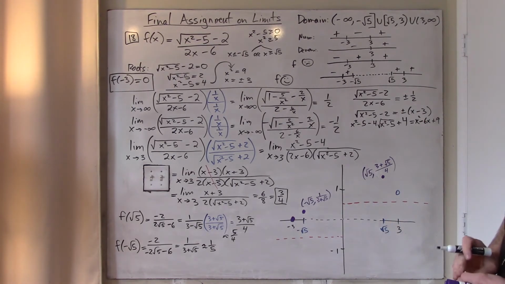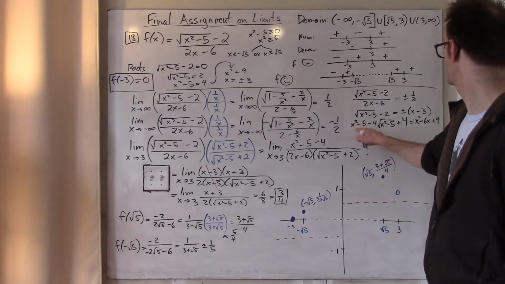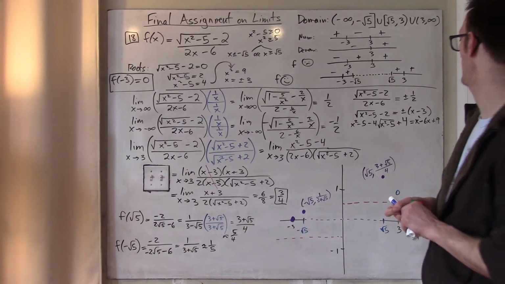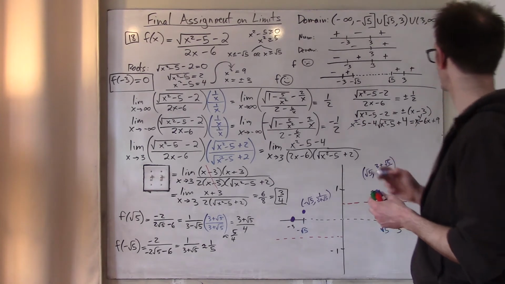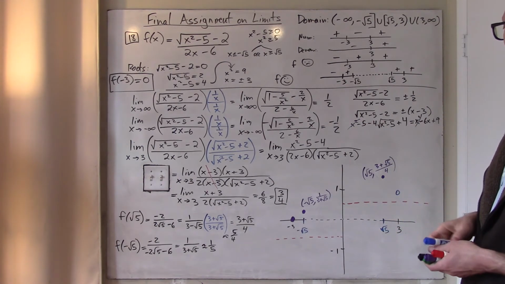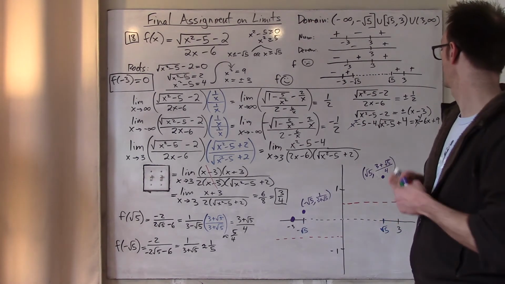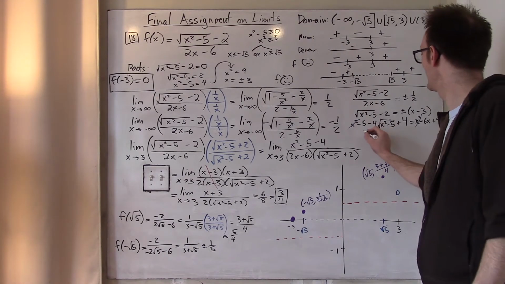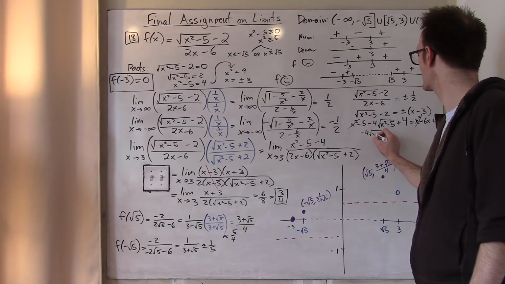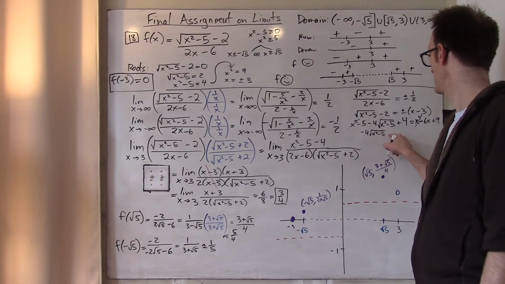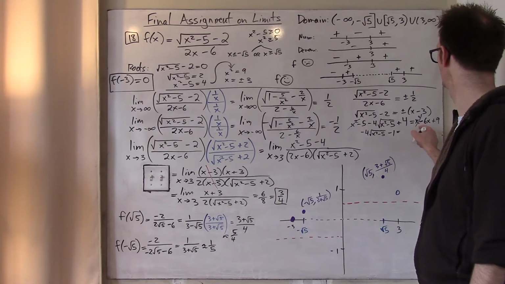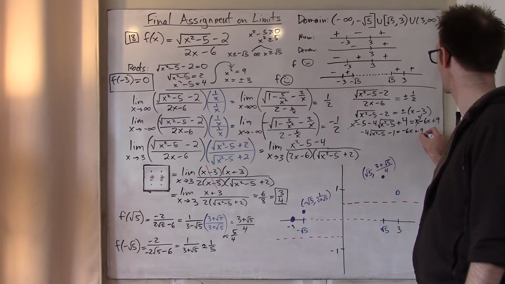So the x squareds cancel, and I am left with, let's do it carefully, negative 4 root x squared minus 5 minus 1 equals negative 6x plus 9.